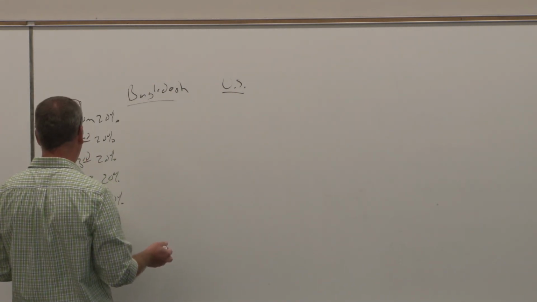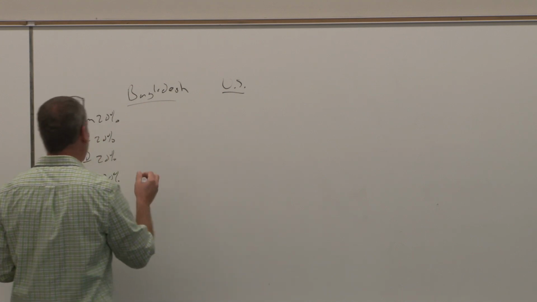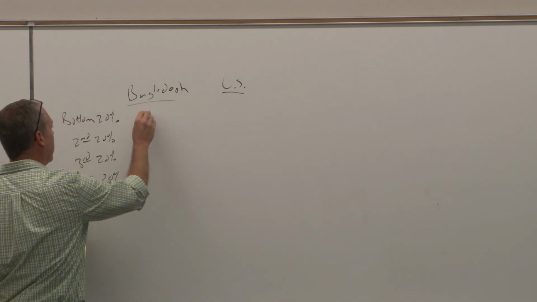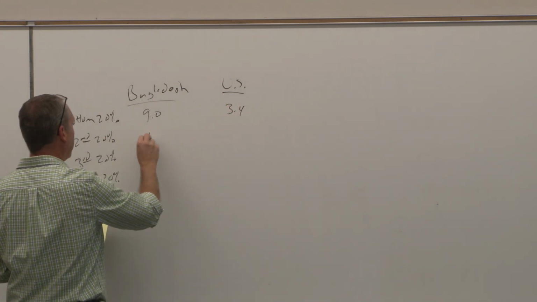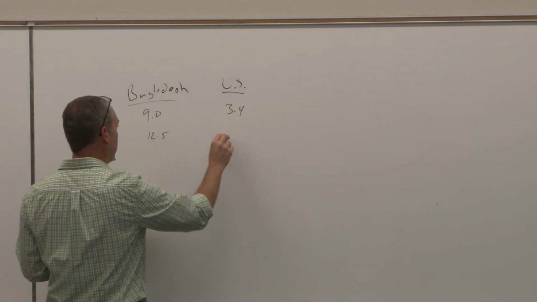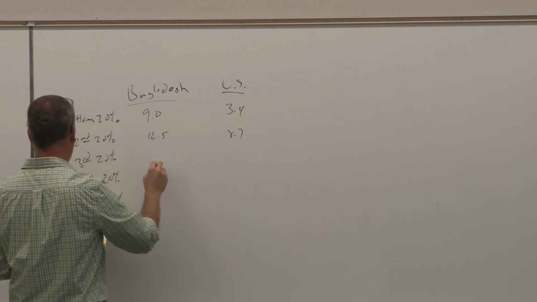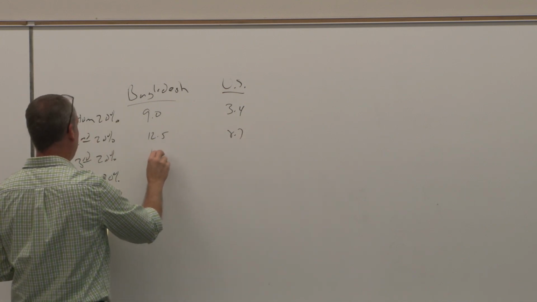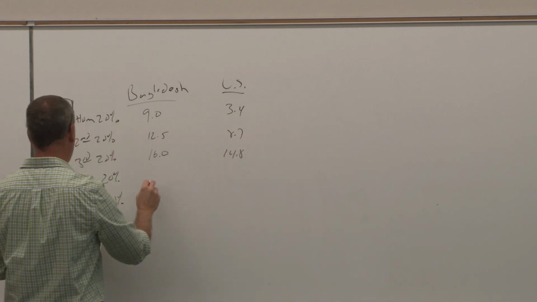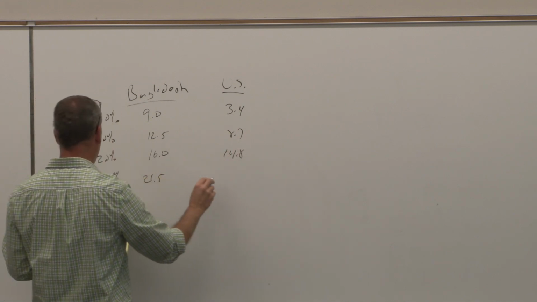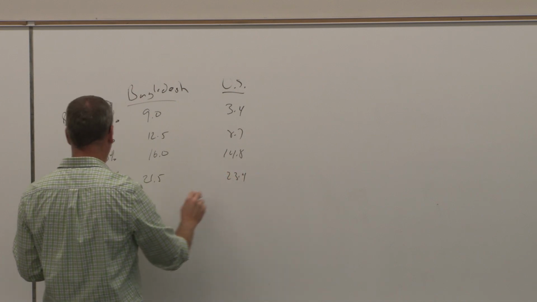And if we want to know, like, say, income before taxes and cash transfers and welfare and all that stuff, this is say 3.4, this is say 12.5, this is say 8.7. This is say 16, this is say 14.8, this is say 20, this is 23.4.